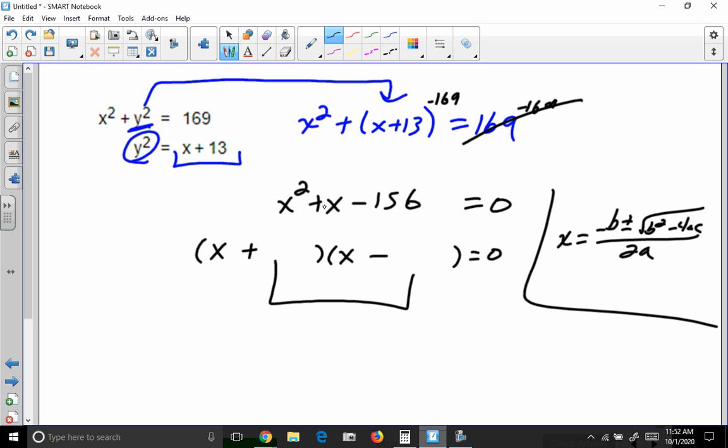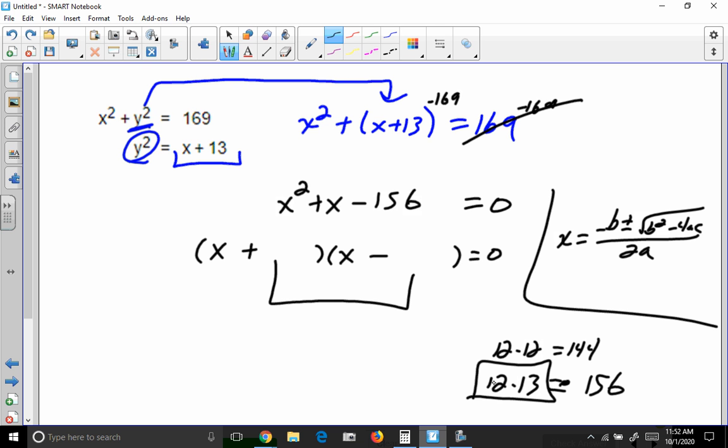Multiply to make 156, have a difference of 1. So I know that 12 times 12 is 144. So what about 12 times 13? What is 12 times 13? Well, that is 156.